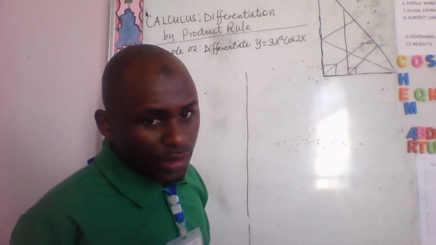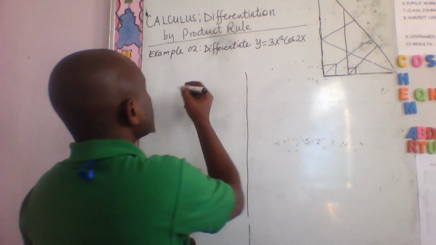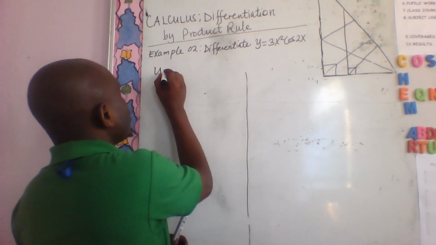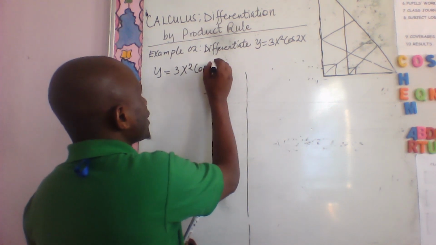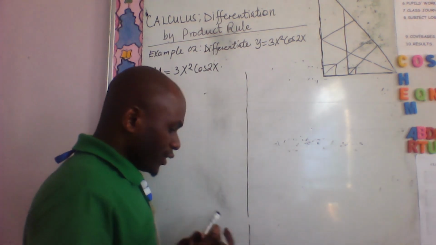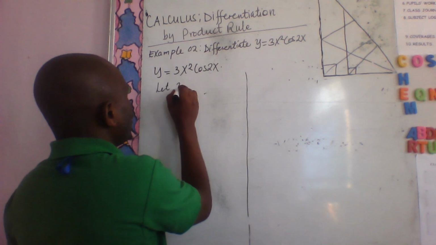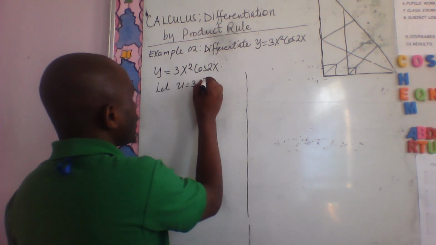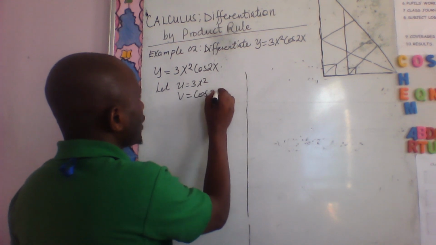So let us dig in to see how it is. Our function y is equal to 3x power 2 cos 2x. Here we are supposed to let u is equal to 3x power 2 while v is equal to cos 2x.